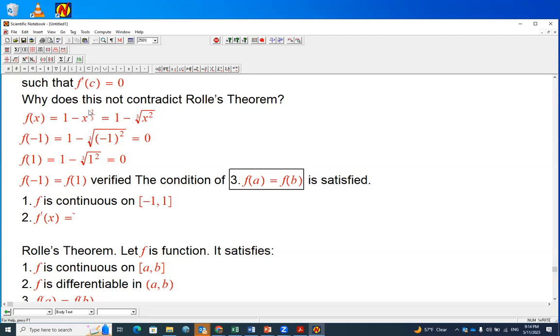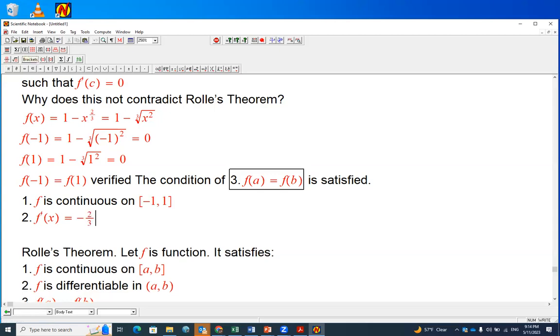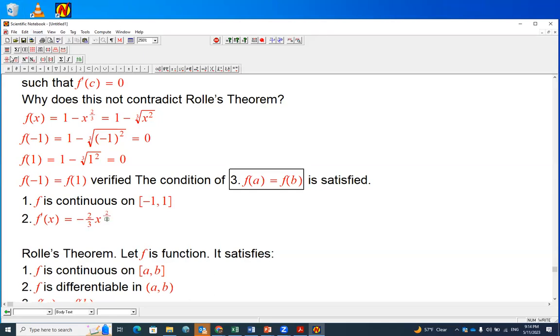The derivative of negative x to the power of 2/3 is going to be negative 2/3 times x raised to the power of 2/3 minus 1, and that equals negative 2/3 times x raised to the power of negative 1/3.